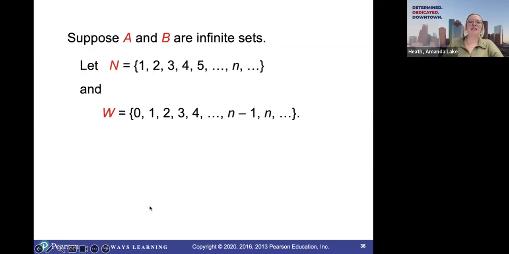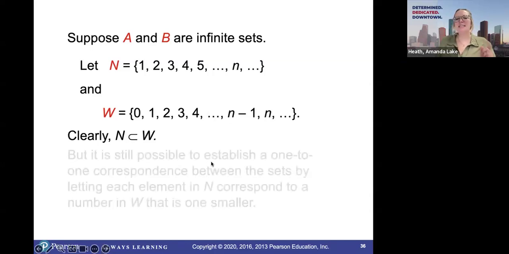But if A and B are infinite sets, we actually have something else going on here. If we think about the set of natural numbers compared to the set of whole numbers, they're both infinite sets, and it's clear that the natural numbers are a subset of the whole numbers, right? The whole numbers are all the natural numbers with 0 also.